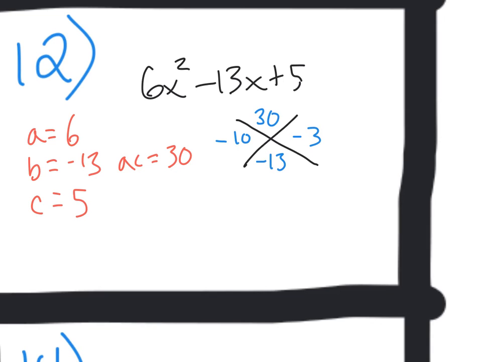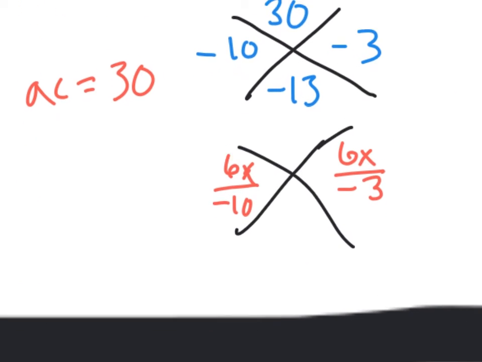Alright, rewriting the magic x with our numerator. And once again, we get that numerator from this lead coefficient, lead term. So we're going to write 6x over negative 10 and 6x over negative 3. Alright, the next step is to reduce those fractions.